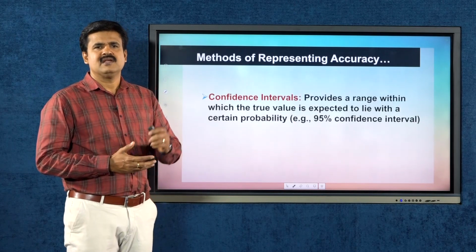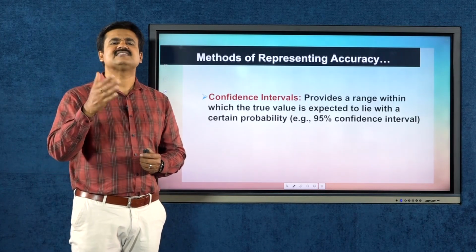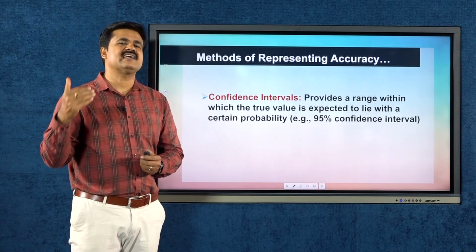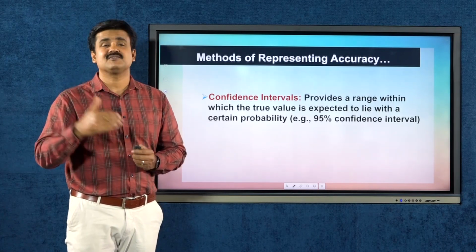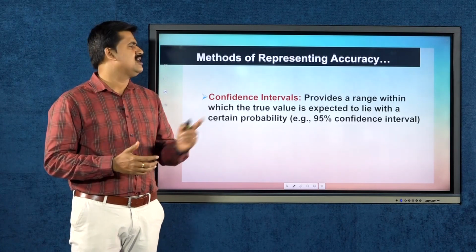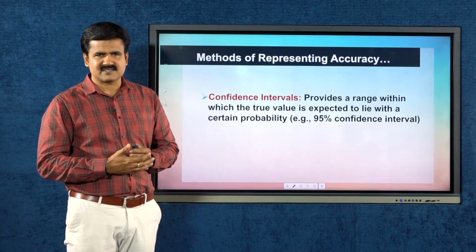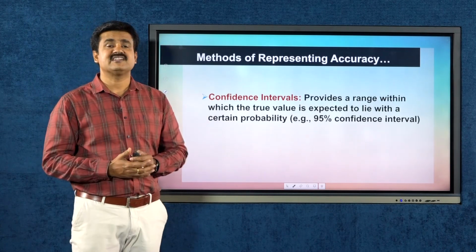Now, confidence interval is also a possibility. This is also very rare when compared with the first four methods. In very important trace analysis, we use another way to represent accuracy, that is, confidence interval.